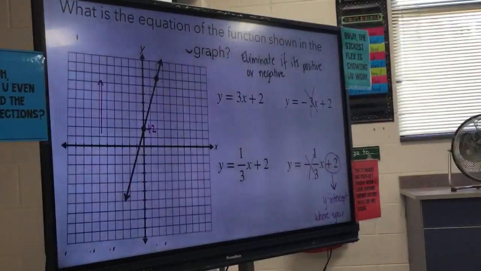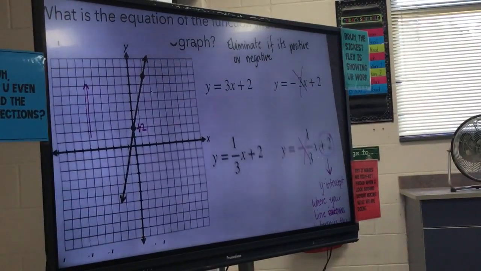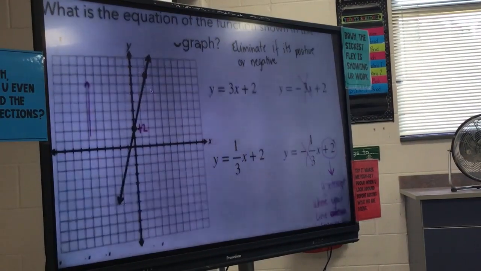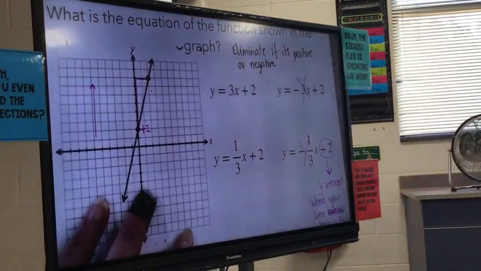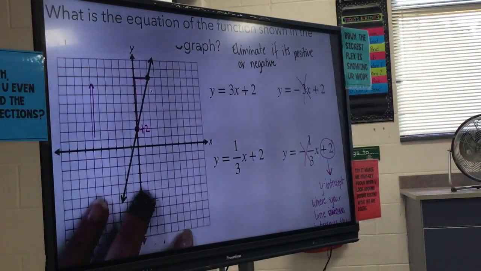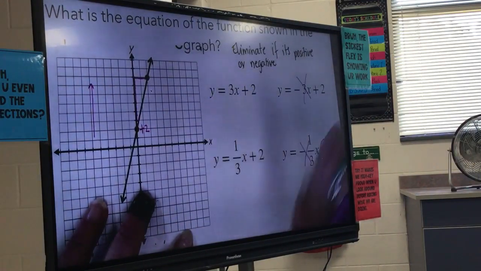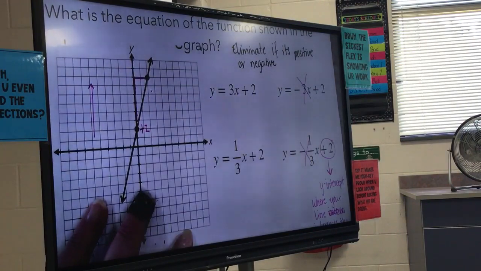So maybe the top one. Huh? The top one. How do you know? So here's my rise. Here's my run. So what is my rise? This is very similar to the question you asked me originally, like, can you skip one? Where it intersects in the corner, right?